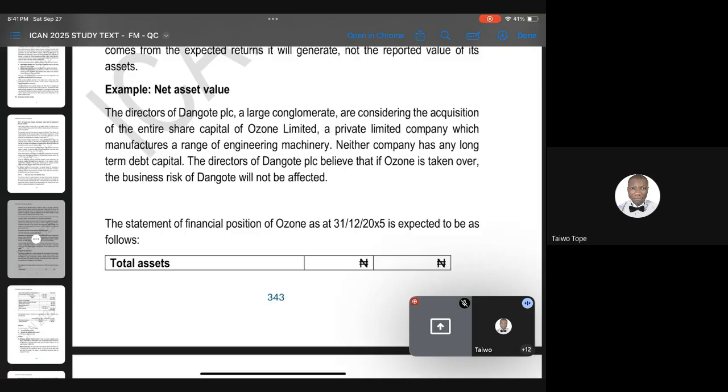So neither company has any long-term debt capital. In this case now, what can you tell me about this company? Are they geared or ungeared?